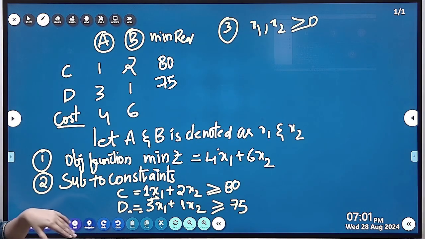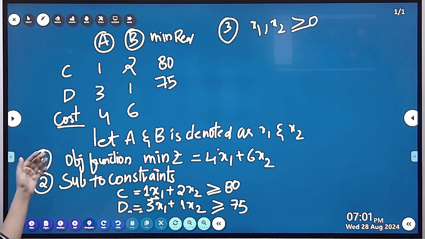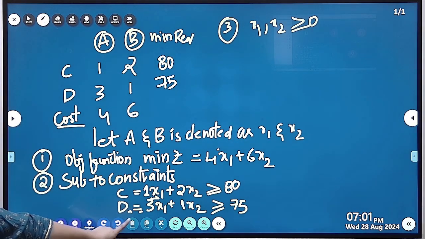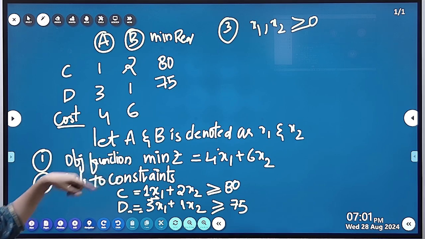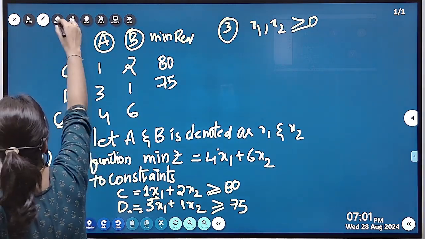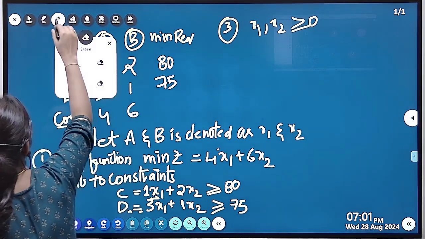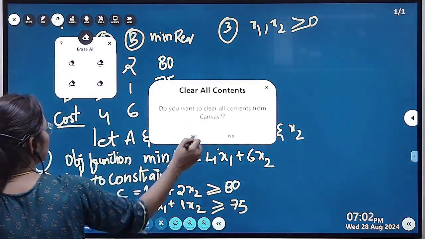You need to study the question perfectly and learn what the question is asking first. If he asks for the solution, we do that, but when he asks to formulate, we do only the objective function and the constraints. Is that clear everyone? Any doubt?